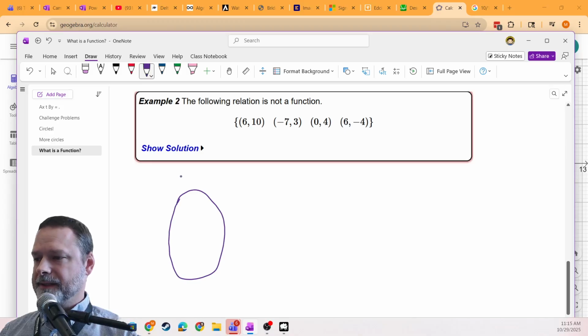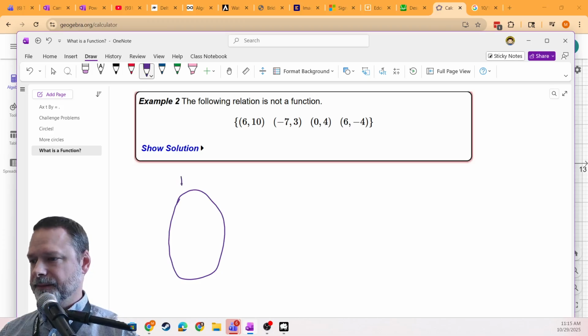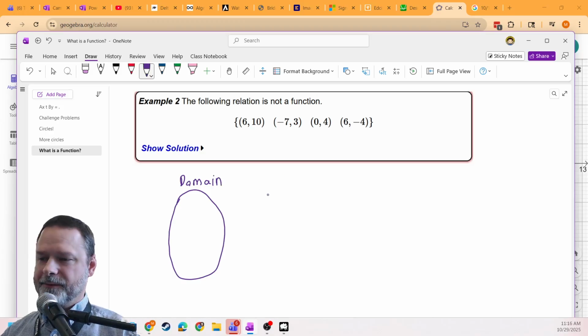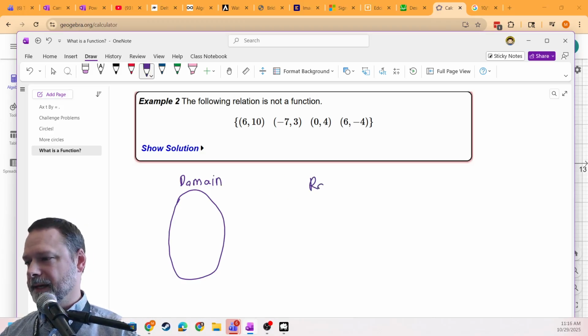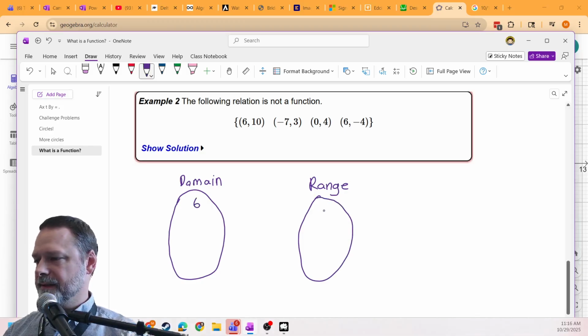So again, I'm going to say here's my, let's go with domain and range, since this is an algebra class, and our first set's a domain. Our second set is the range. Our input and our output. Okay, so we're going from 6 to 10.